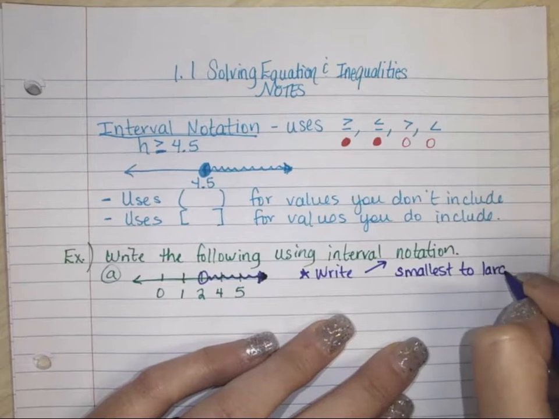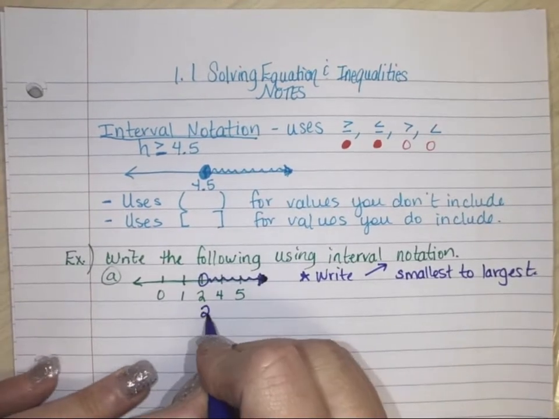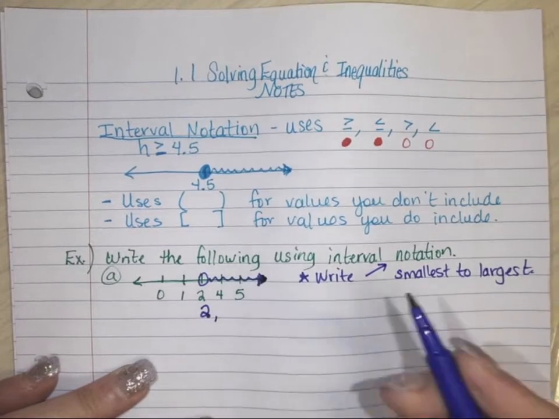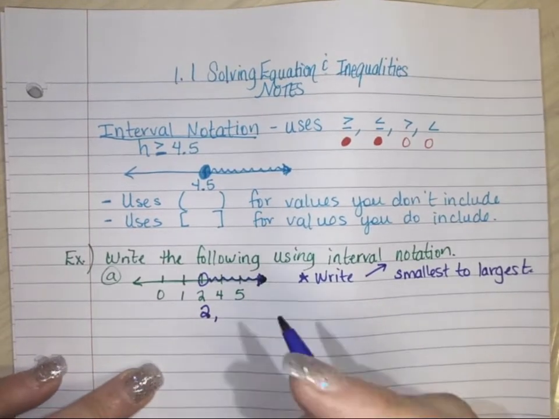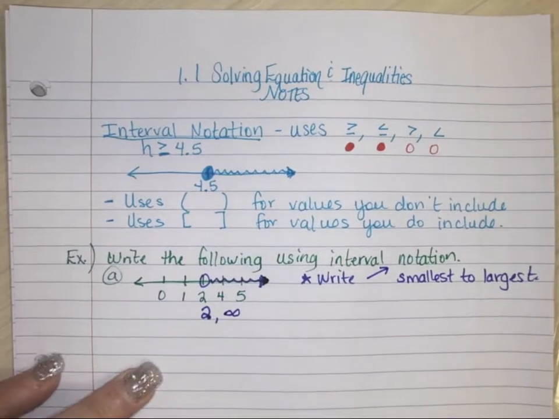Always write it in order. So when we start at 2, and then it goes right, how far? To infinity. It's going right forever. It doesn't end. So we use infinity.